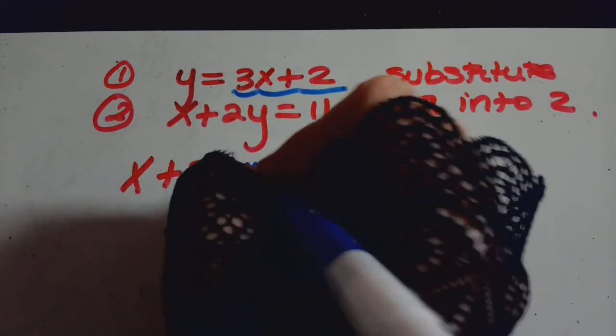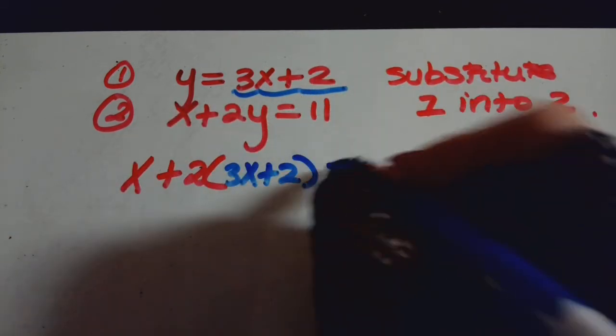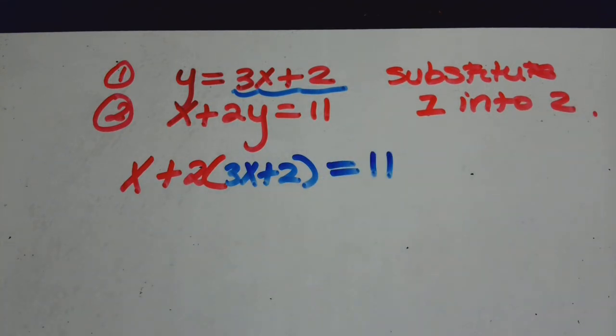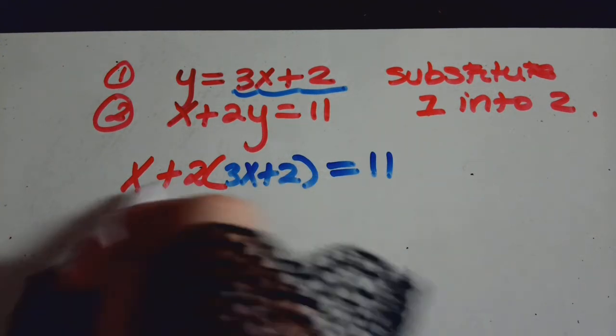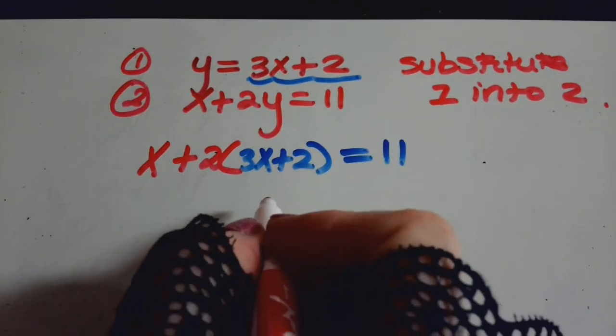So 3x plus 2, and that's why it's called substitute. It works out really nice, okay? It makes sense. You're just substituting one into the other, okay? And that lets you solve for one of the variables, and when you get one, the second one's like super easy. So here it's just a distributive property.